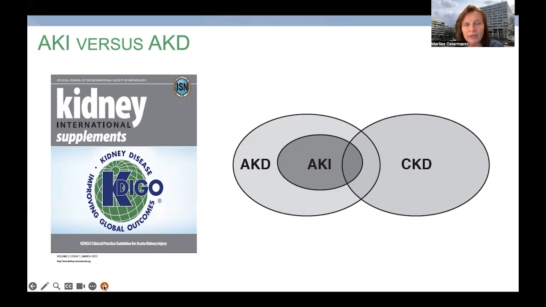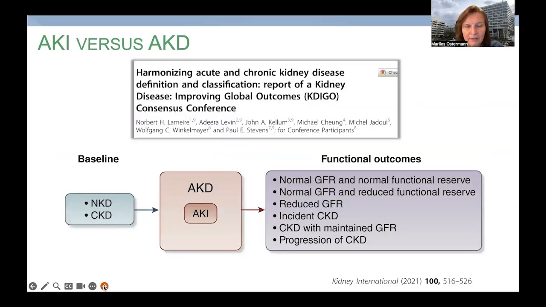Now, I've already mentioned that acute kidney injury is part of acute kidney disease. Acute kidney disease is a form of kidney disease lasting for less than 3 months before CKD occurs. And the whole epidemiology and also terminology of these forms of kidney disease were reviewed in a meeting in 2021, where the expert team essentially confirmed that acute kidney injury was part of acute kidney disease, and that both types of kidney disease may occur in patients with different baseline kidney function.